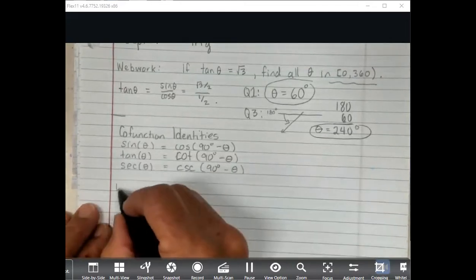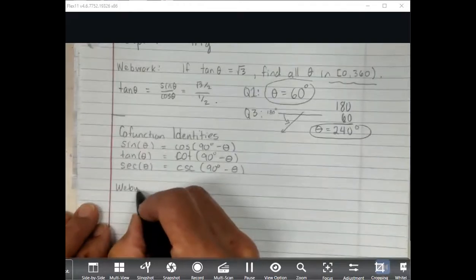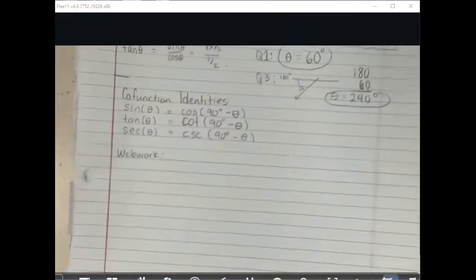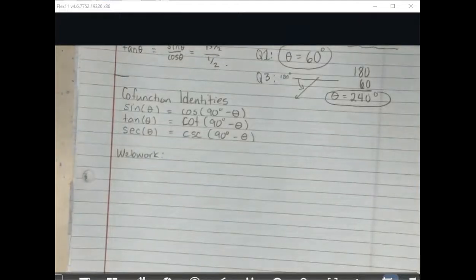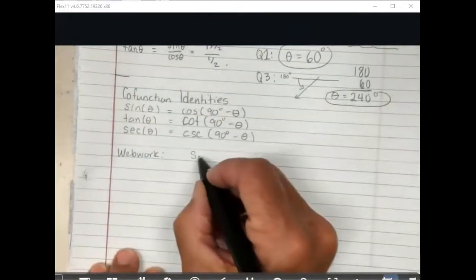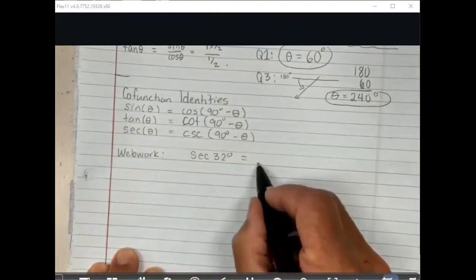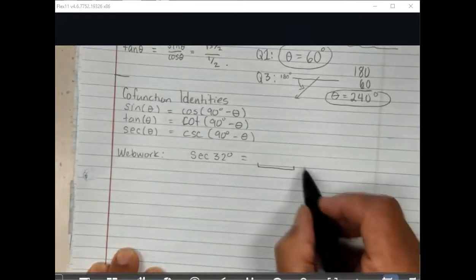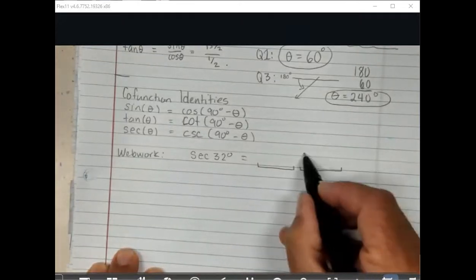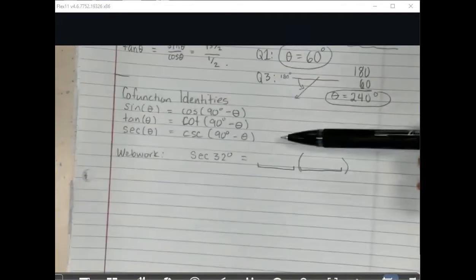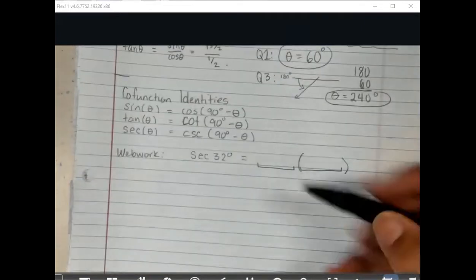So in this WebWork problem, you are given secant of 32 degrees. And in the first blank, you put the name of the cofunction. And in the second blank, you put the measure of the angle. So you just read up here, the cofunction would be the cosecant.